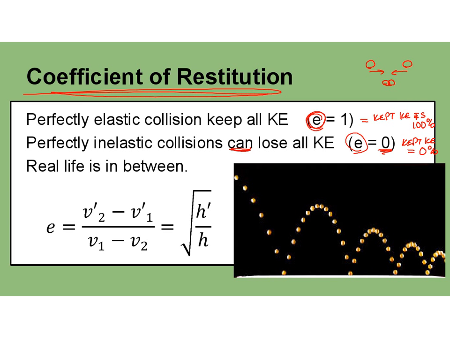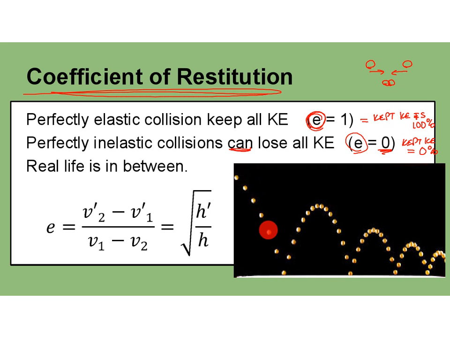Well, real life happens somewhere in between those two ideal cases, right? In the picture here of the dropped ball, if I drop a ball from this height and it comes down, if it were perfectly elastic, I would keep all the kinetic energy, so it would bounce back up to the original height, and then it would do that again, and it would just bounce forever to the same height, right?